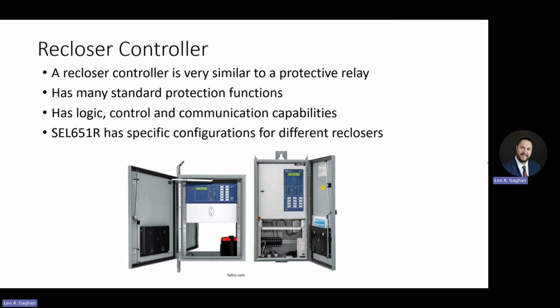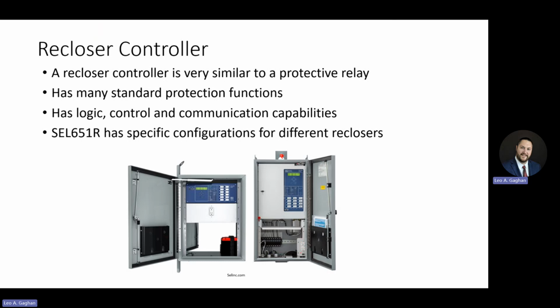So this here is an example of a recloser controller. You can see it comes in a prefabricated cabinet, and you can see pretty good place right there to hang it right on the pole, right? But it's got some convenience definitely built in. You can see it's also got some other functions, right?